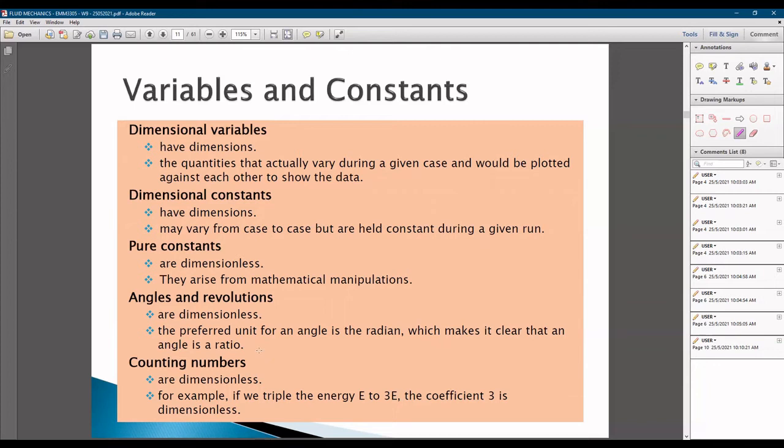If you look into trigonometry, you have the triangle, and from there, I believe you can appreciate that an angle is actually a ratio. Counting numbers are dimensionless. For example, if we triple the energy E to 3E, the coefficient 3 is dimensionless.